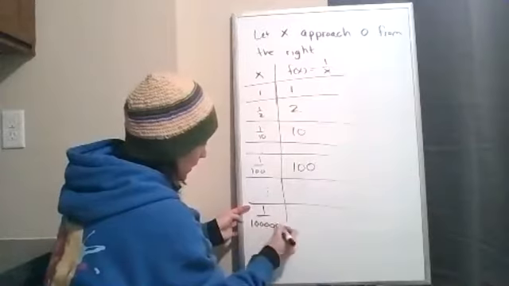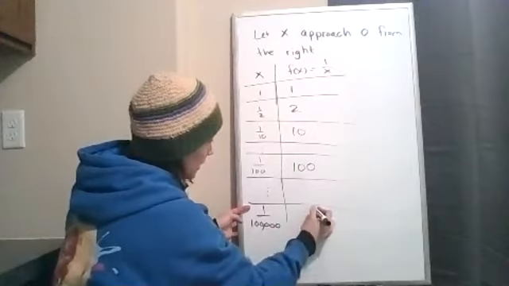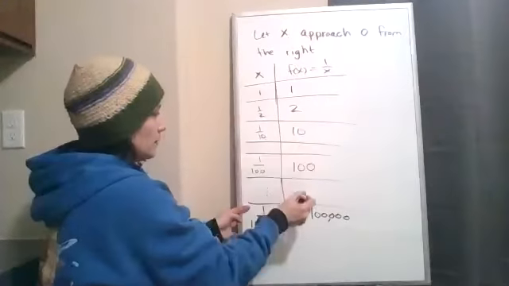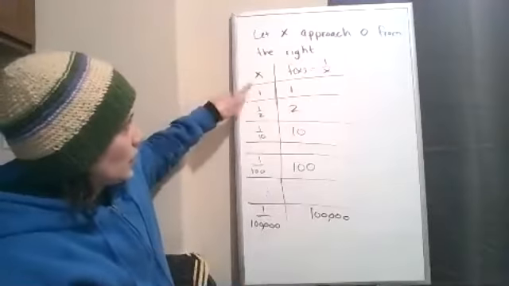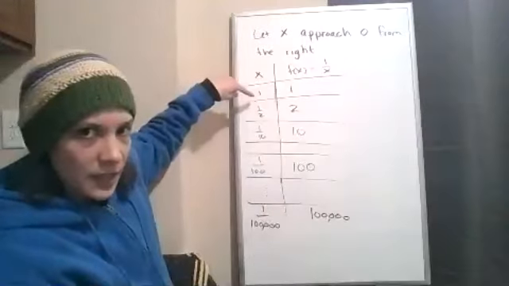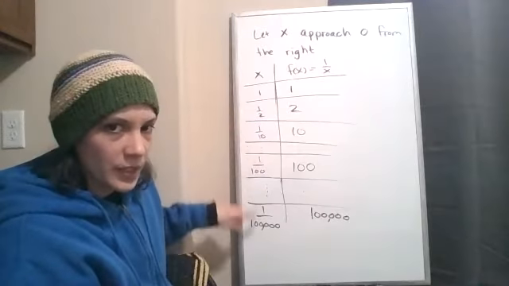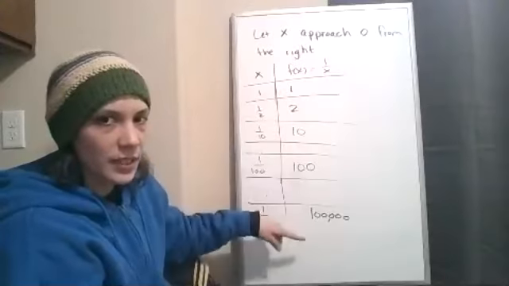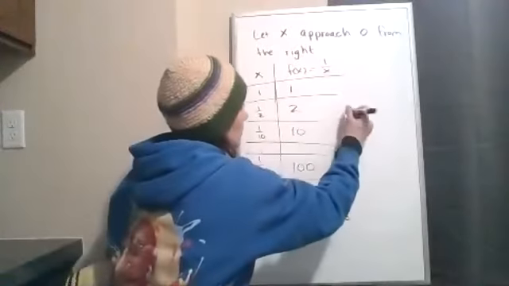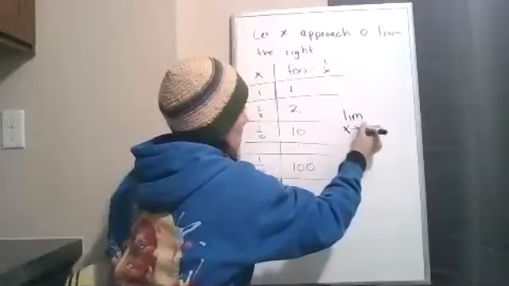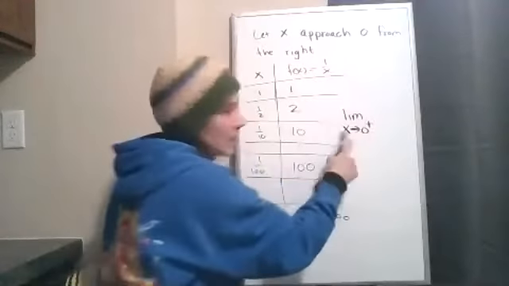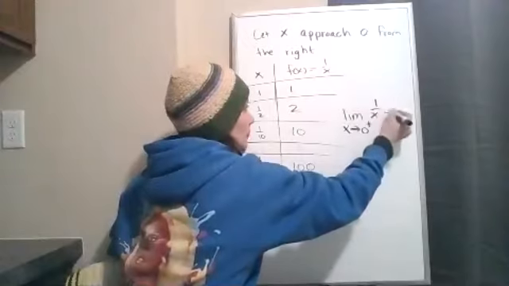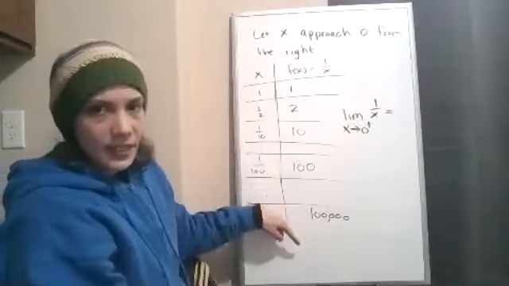So our inputs are positive and getting closer and closer to 0, some very, very small number. The outputs are getting larger and larger, going to positive infinity. Okay, x is going to 0 from the right side of 1 over x, we get out positive infinity.